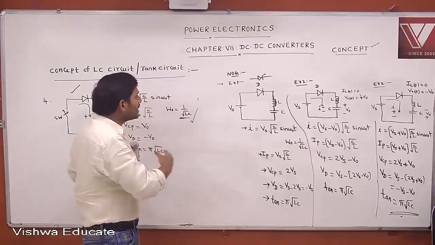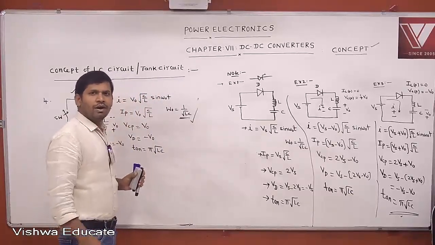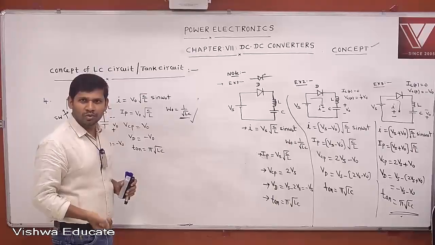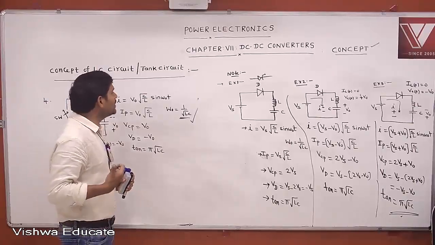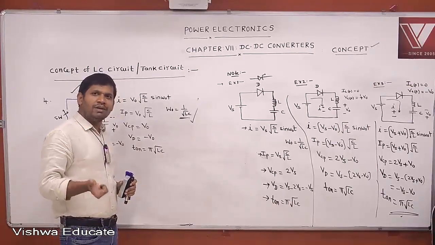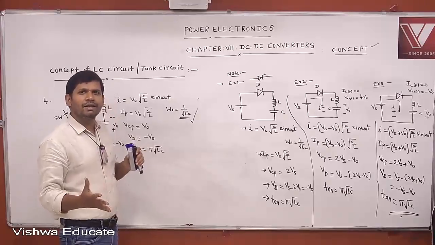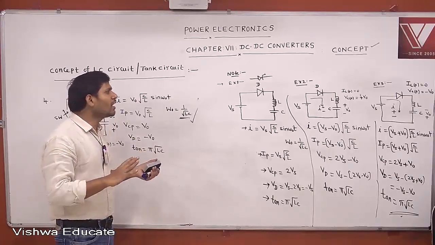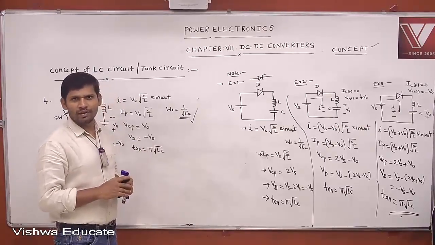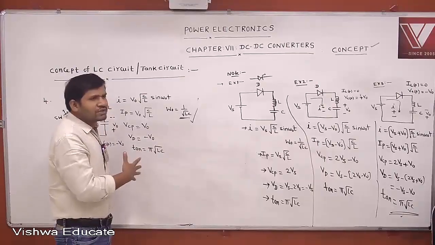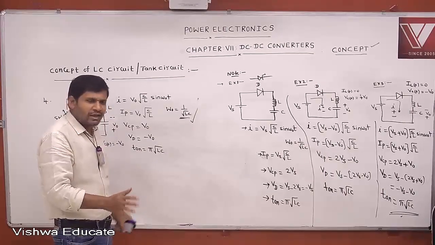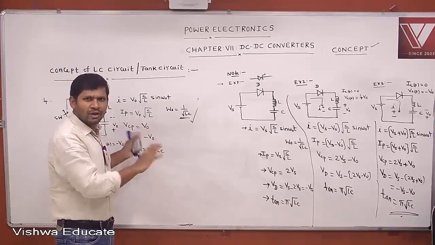That means the next concept I want to start is the types of choppers based on commutation. In this, I will discuss the commutation method, and parallelly I will discuss the types of choppers also. For example, first I will start with load commutation, that is class A commutation, and complete that.